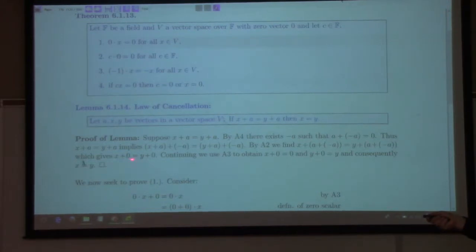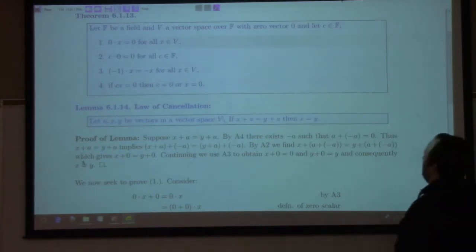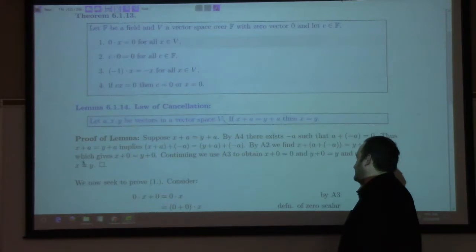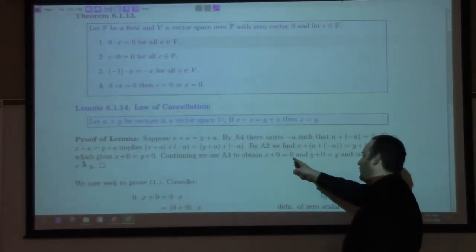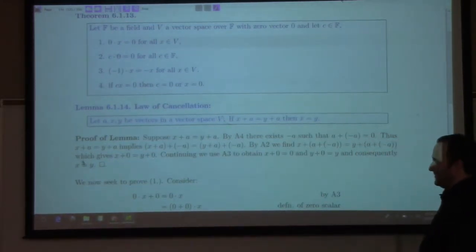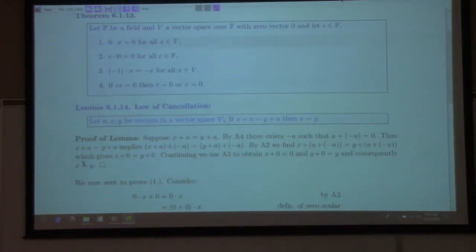But then by definition of 0, that gives me, oh, come on. X, right? You're not crazy. That should be X. So that gives us X equals Y, and that's the claim.